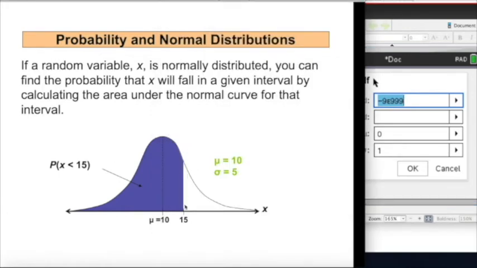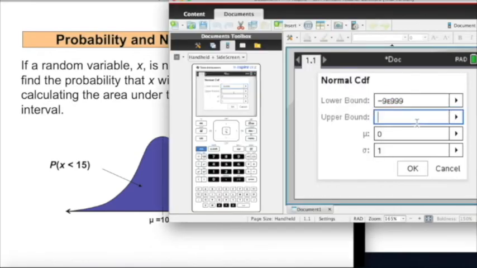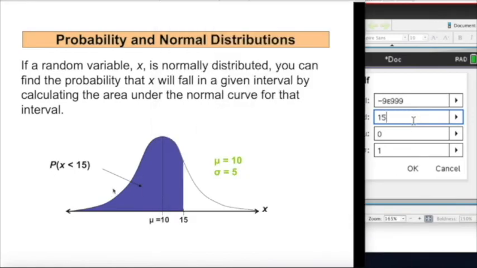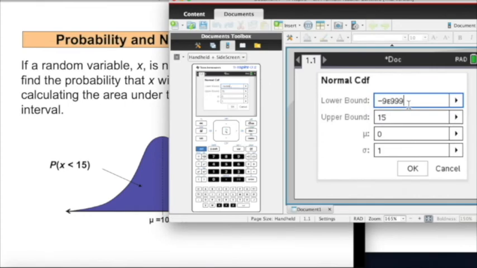So the upper bound is very obvious, 15. What about the lower bound? Well, you can put any small values.